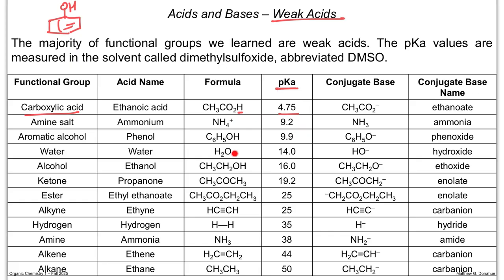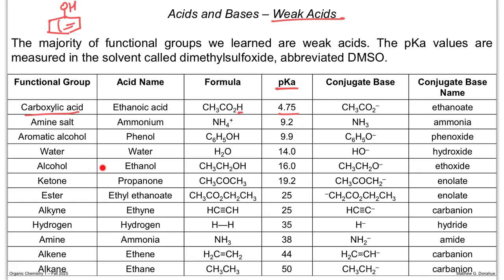But water can also act as a base, because when you treat it with a stronger acid, that's what gets protonated to form hydronium. So you do have to have a general feel of strong versus weak, and if water is present, how is it acting? Is it going to act as an acid or a base? As we progress down this column, notice the numbers are getting larger, so the acid strength is getting weaker.